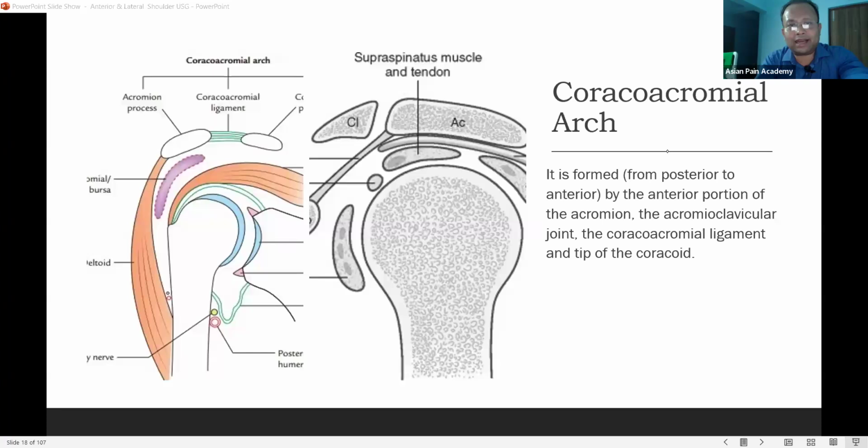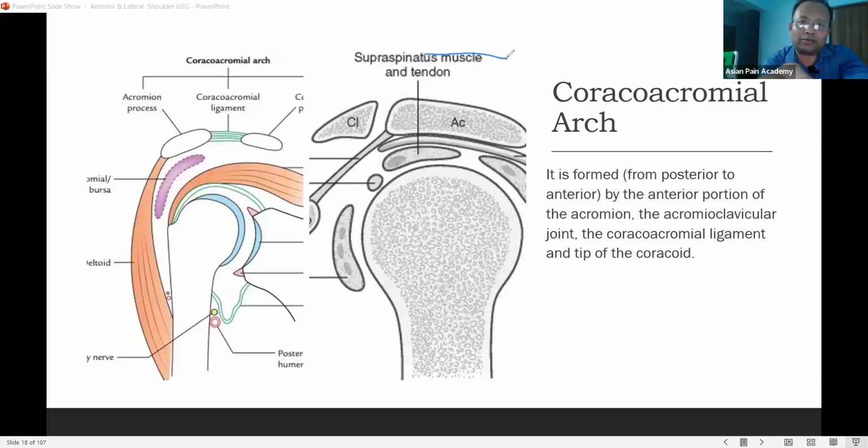So here it is said that this coracoacromial arch, the word is important here. You can see it is formed by the anterior portion of the acromion, means this area, and the acromioclavicular joint and the coracoacromial ligament. So this is the coracoacromial ligament. Actually this whole area is the coracoacromial arch. And why is this part important?